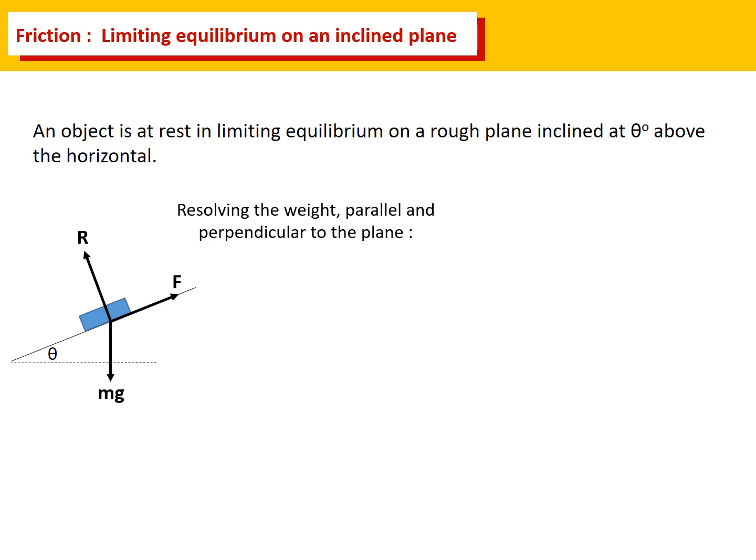So we resolve the weight parallel and perpendicular to the plane, as we've done on previous videos. So that would be mg cos theta and mg sin theta down the incline.